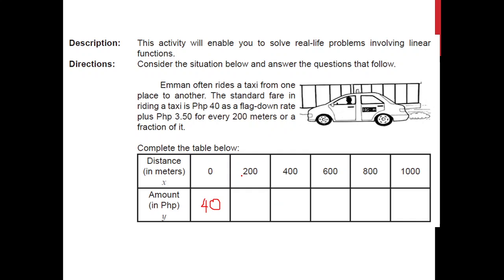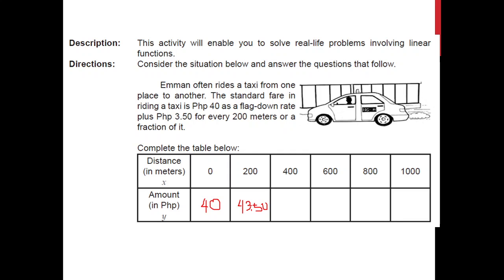Next, on the next 200 meters, your 40 pesos will be added by 3.50. So this becomes 43.50. Next, on the next 200 meters, this will be added another 3.50.